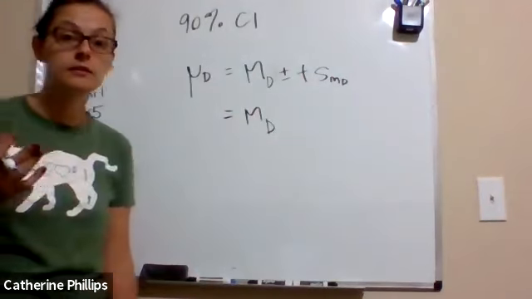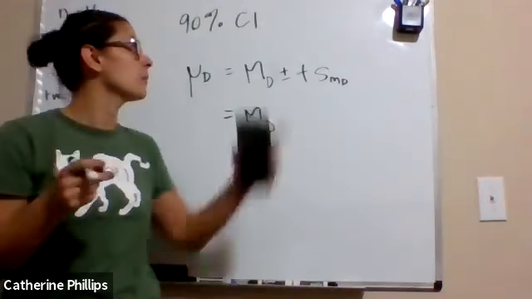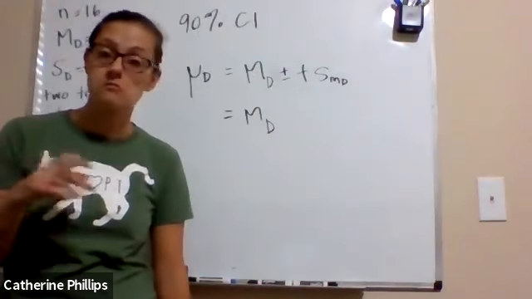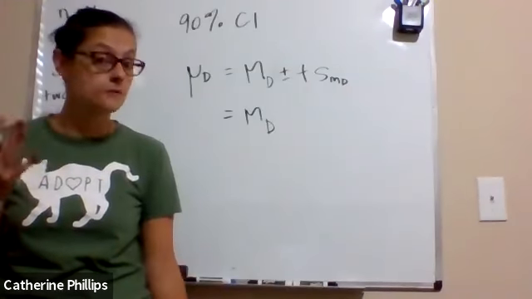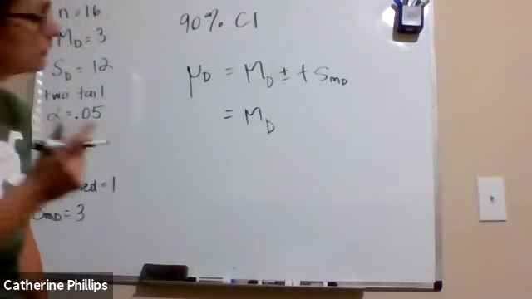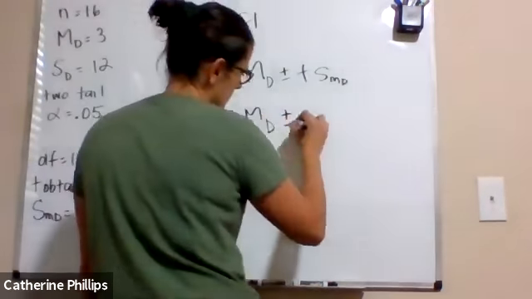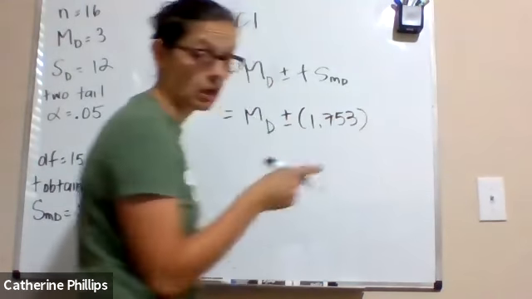Your t for your confidence interval is based on the percent confidence you want, which we didn't change, and it's based on your degrees of freedom, which didn't change. So the t that we want here is plus or minus 1.753, so that didn't change.